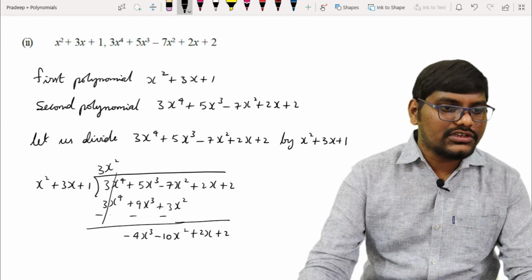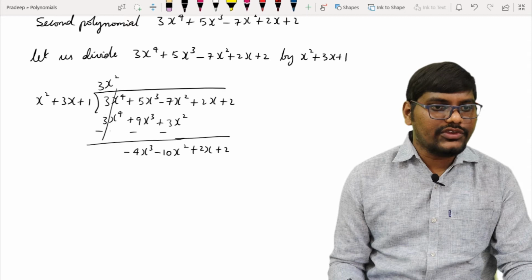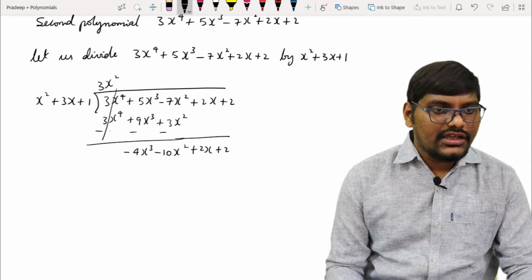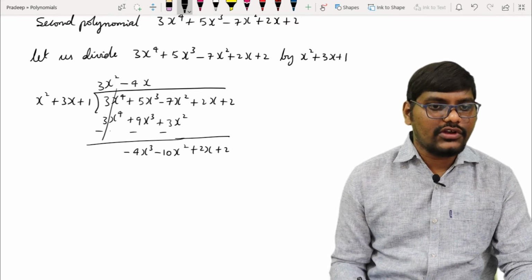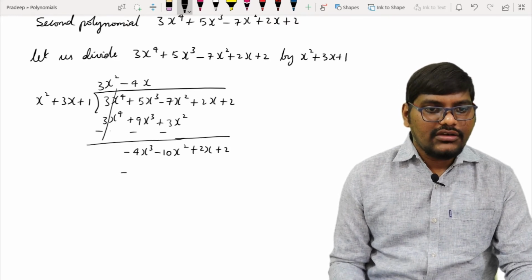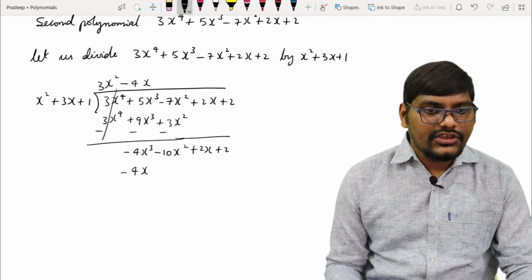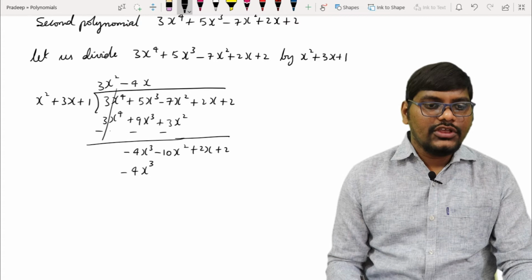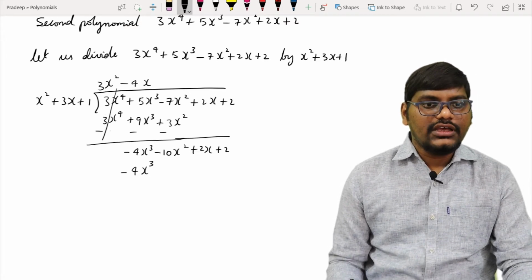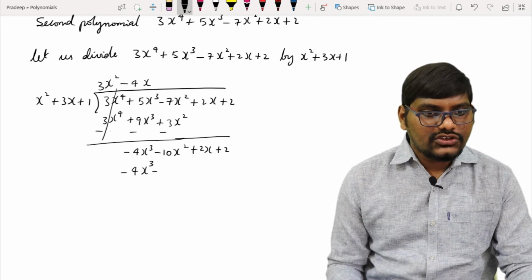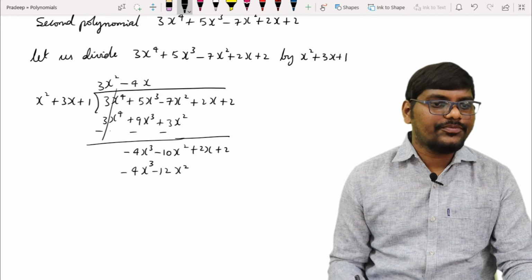So we'll further solve this. Here x square is there and here x cube is there, so I can write minus 4x. x square into minus 4x is minus 4x cube. Now 3x into minus 4x is 3 fours are 12, x into x is x square, so 12x square.